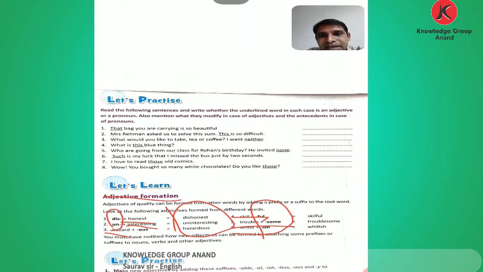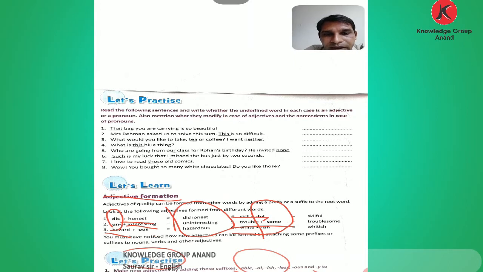Okay, let's see the exercise given here. Make new adjectives by adding these suffixes. Which suffixes do we add? Able, al, ish, less, ous, and y to the words given below. Here given is England.